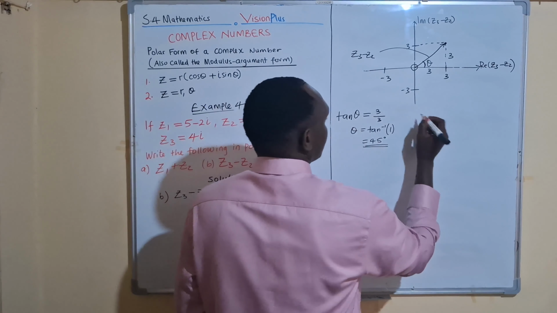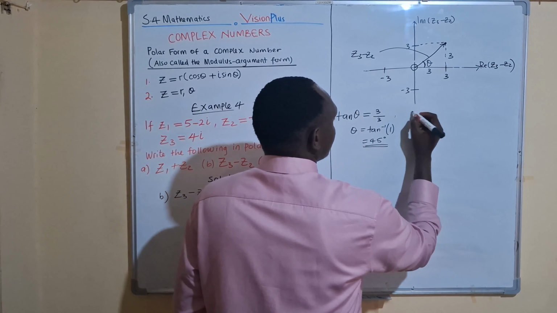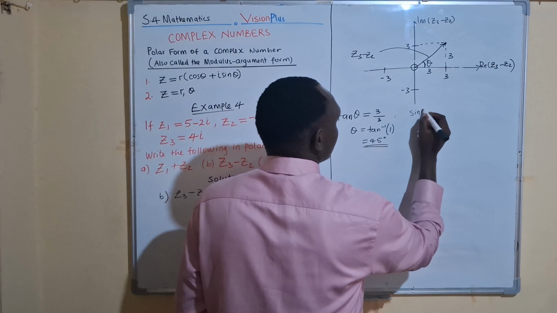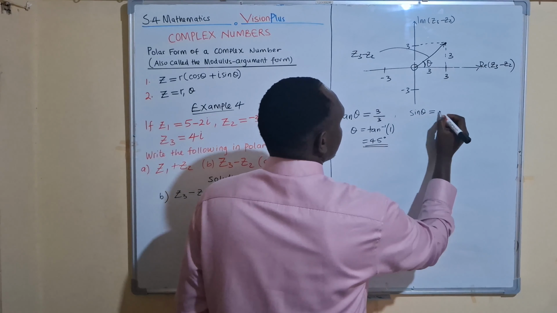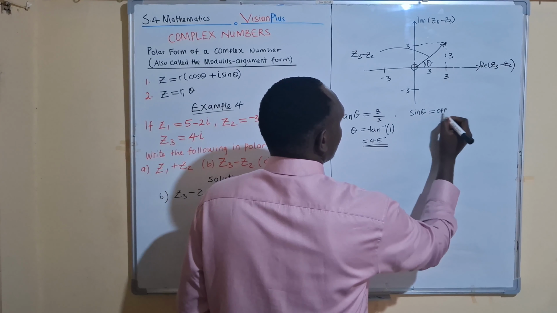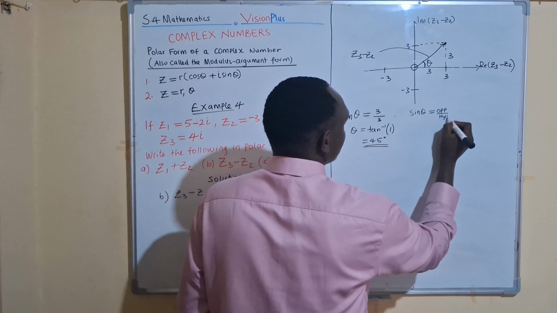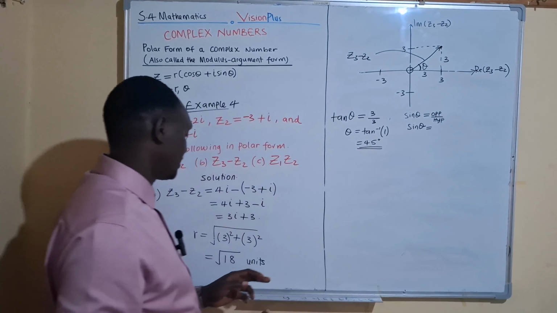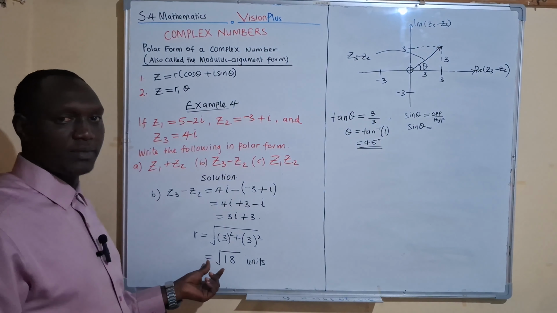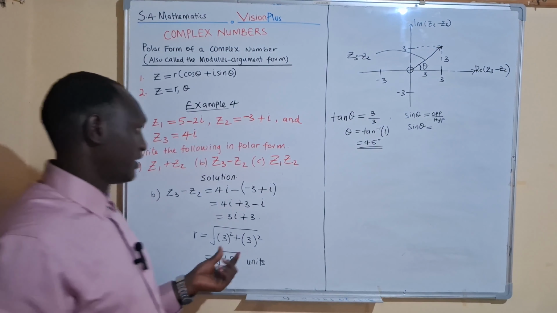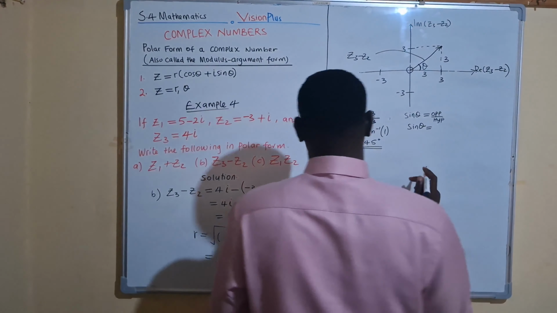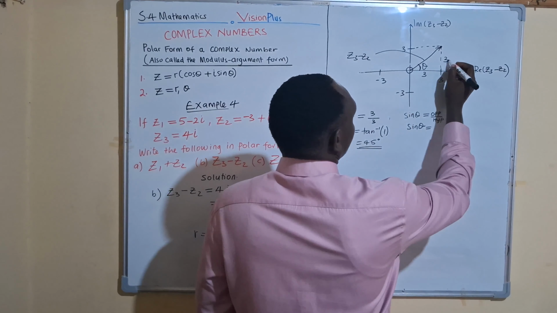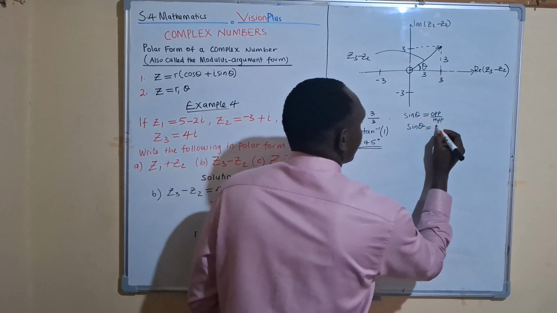What if we are using sine? Sine of theta equals, remember, sine is opposite over hypotenuse. The hypotenuse is the length of the complex number, which is root of 18. The opposite to the angle is 3.